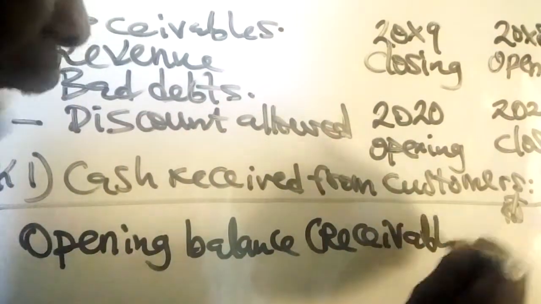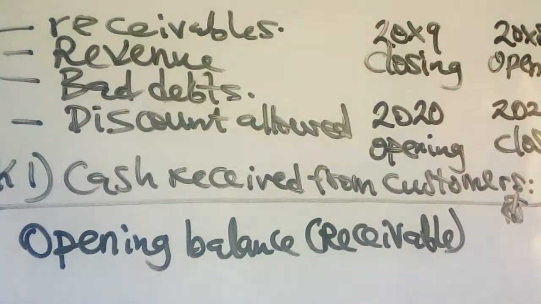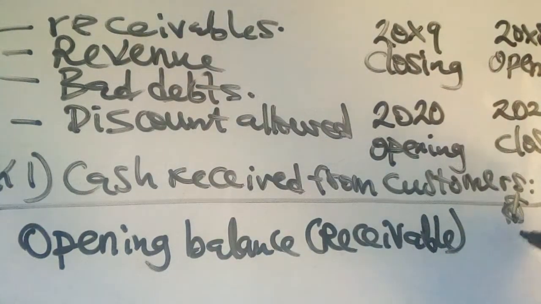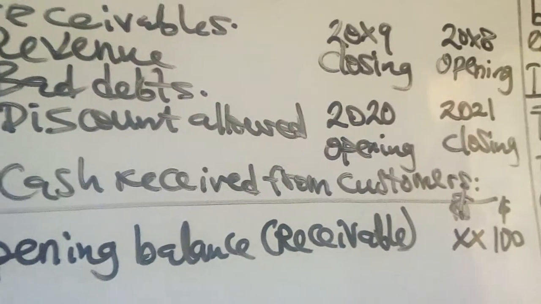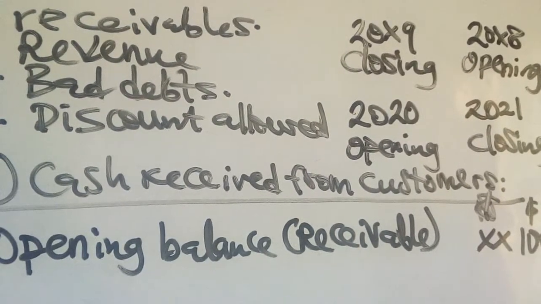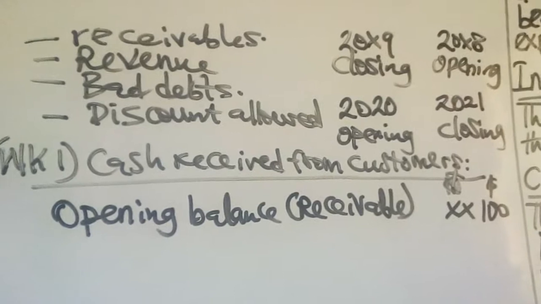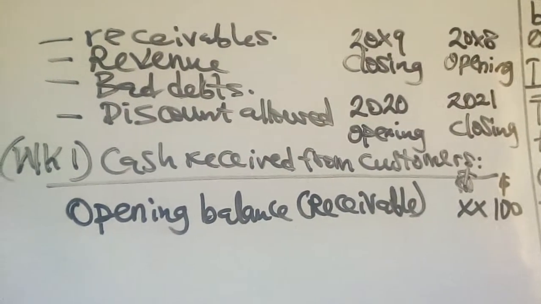This receivable is the amount your customers are owing you as at the beginning of the accounting period. Let us assume that is $100 at the beginning of the year.